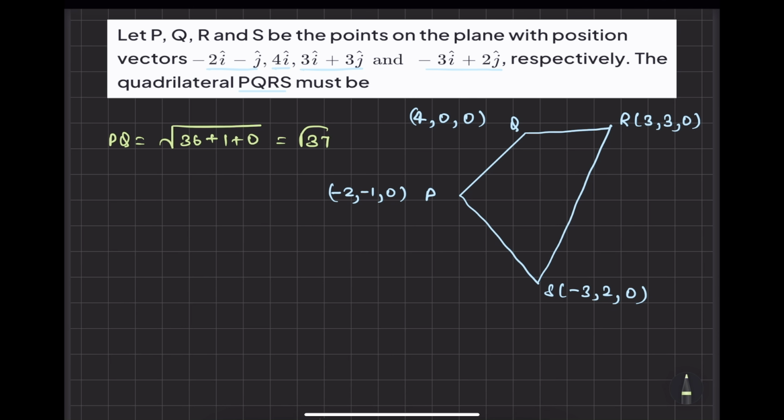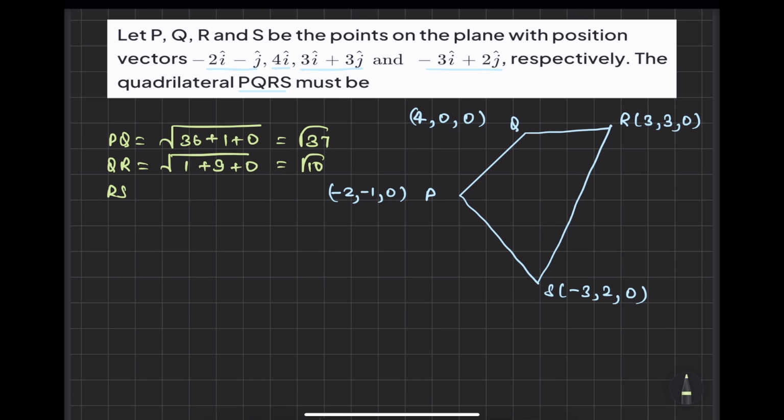Now we will go with QR. So QR means what? 4 minus 3 is 1, 1 square is 1. 0 minus 3 is 3, 3 square is 9. And then 0. So it is root 10.